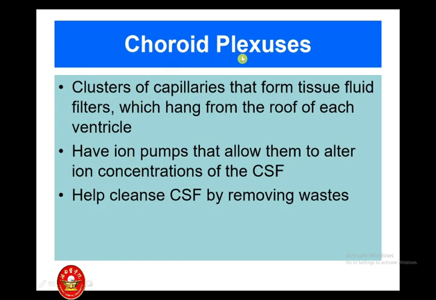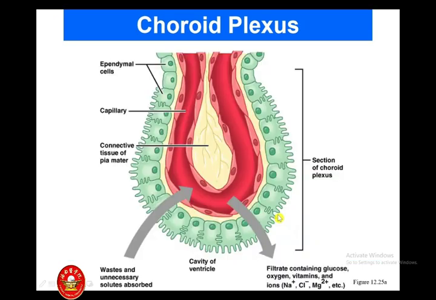Talking about the choroid plexus, it is a cluster of capillaries that form tissue fluid filters which hang from the roof of each ventricle. They have ion pumps that allow them to alter the ion concentration of the cerebrospinal fluid, and help clean the cerebrospinal fluid by removing waste.